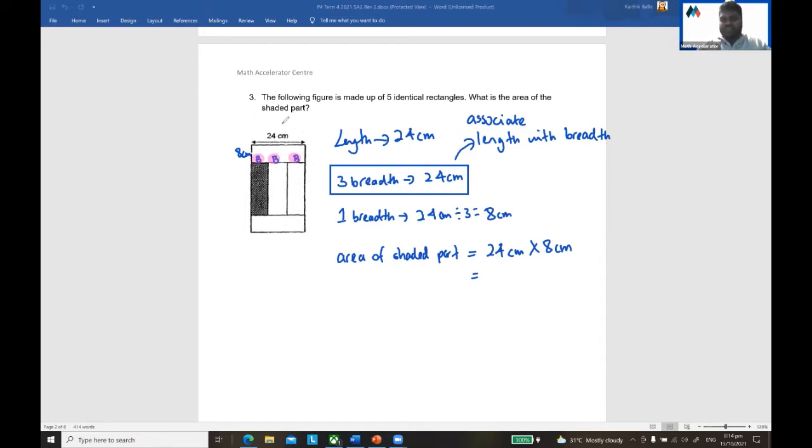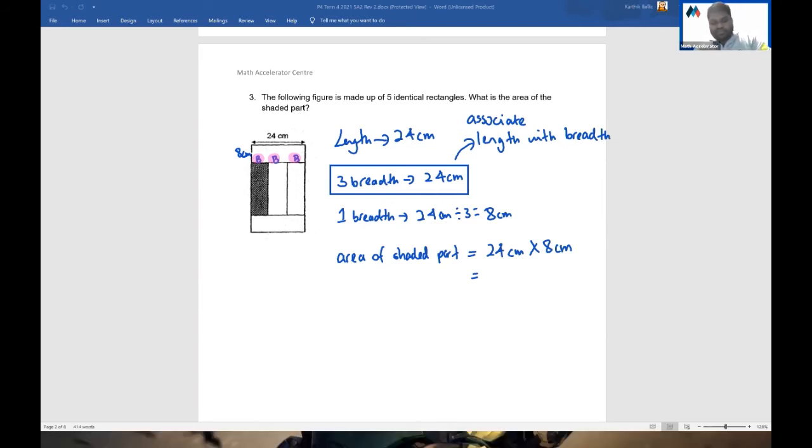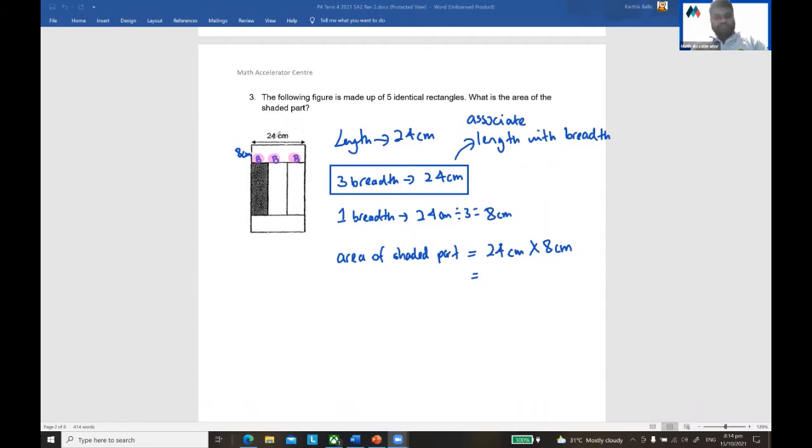So 24 times 8, can you type answer? Yep, well done. Yes, it's 192 cm squared.